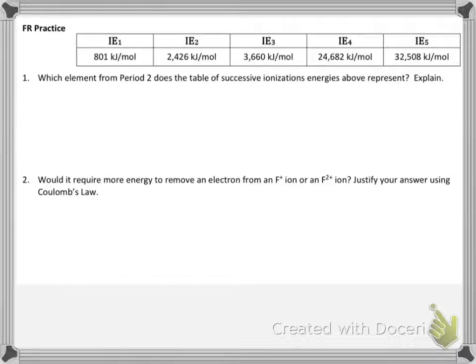This one says, what element from period 2 does this table of successive ionization energies represent? Well, we don't know the element, right? We don't know how many valence electrons, but we look at the pattern. And so you're like, okay, this is a pretty big jump here, pretty big jump here. Oh my God, a ginormous jump here.